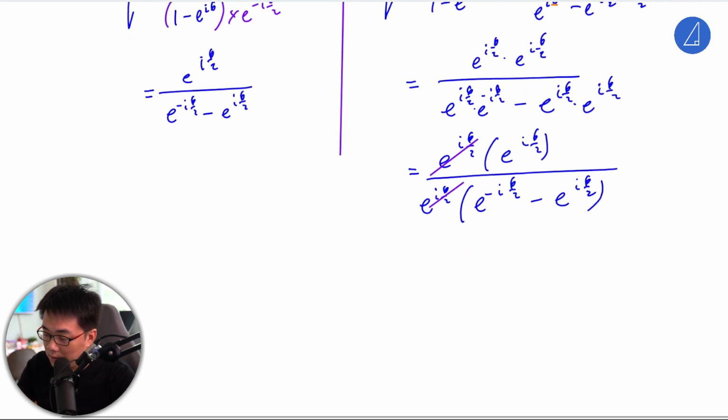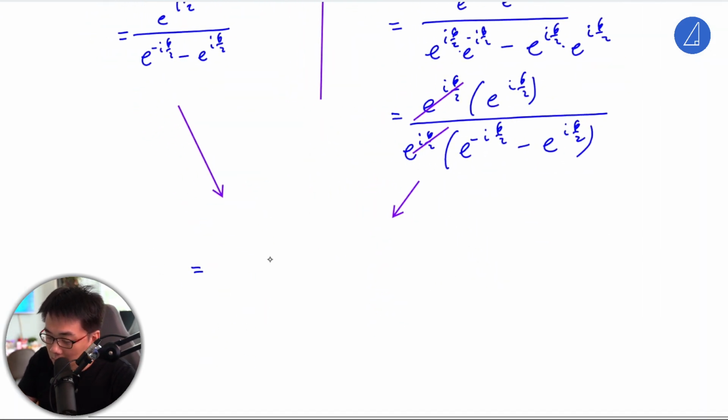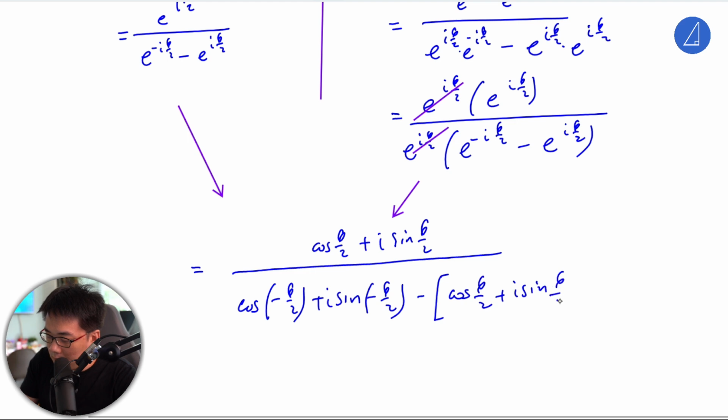From here onwards, because I need the real and imaginary parts, I'll change top and bottom to trig form. The bottom here will be cosine negative theta over 2 plus i sine negative theta over 2, minus cosine theta over 2 plus i sine theta over 2.